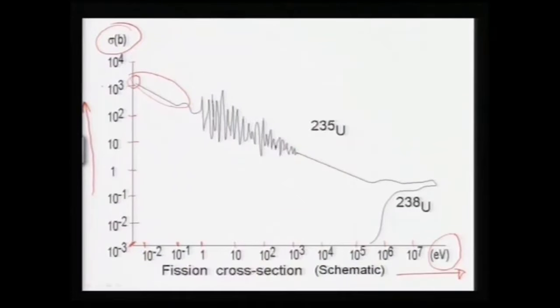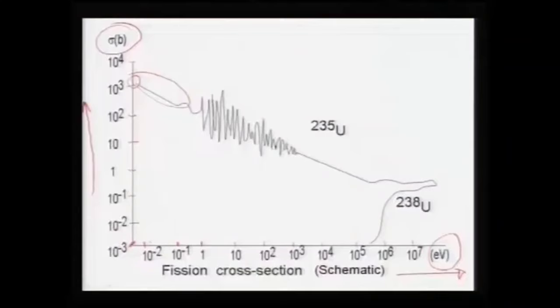And thermal neutrons at room temperature will have kinetic energy of something like 0.025 electron volts. So, that is 2 into 10 to the power minus 2, that will be somewhere here. So, this is the thermal energy range. Here if you ask what is the cross section, that cross section turns out to be about 600 barn or 580 barn. This is for thermal neutrons.